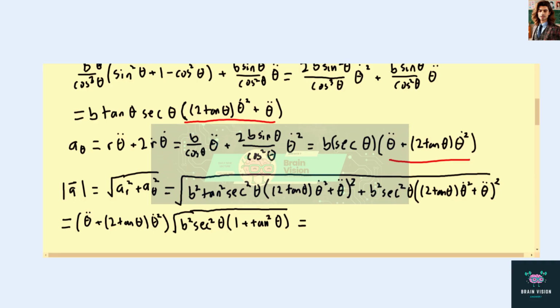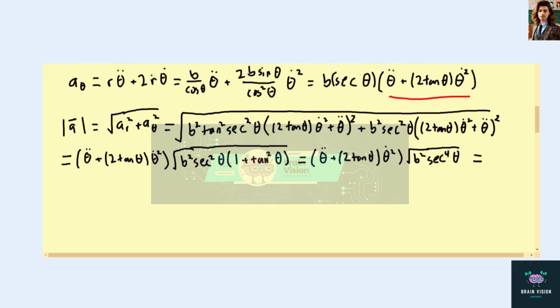And so now we've got our theta double dot plus 2 tangent theta theta single dot squared, and left under our square root is just b squared secant to the 4th theta. Okay, so we'll get rid of that square root.